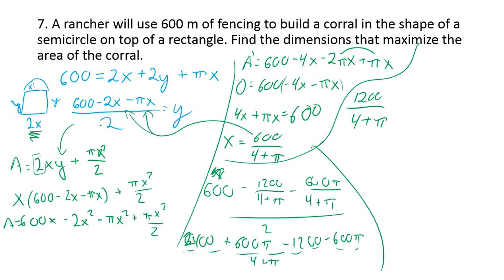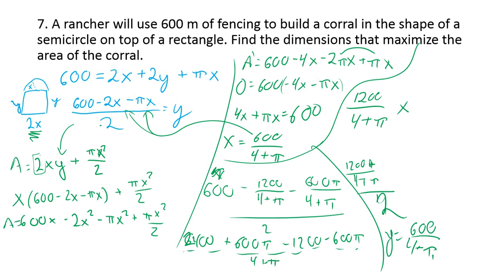Combining like terms, we get just 1200, because the 600 pi terms cancel, all over 4 plus pi, all over 2. Reducing that means our y would be 600 all over 4 plus pi.